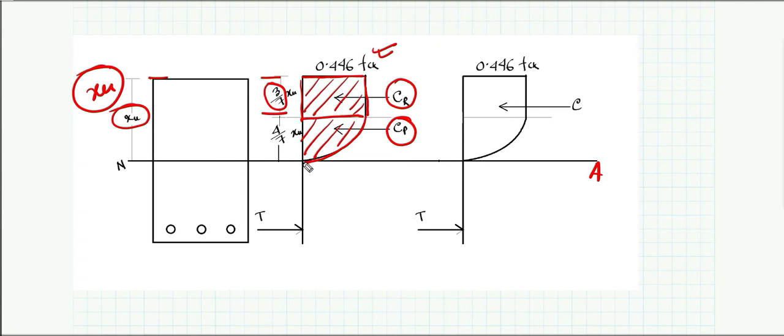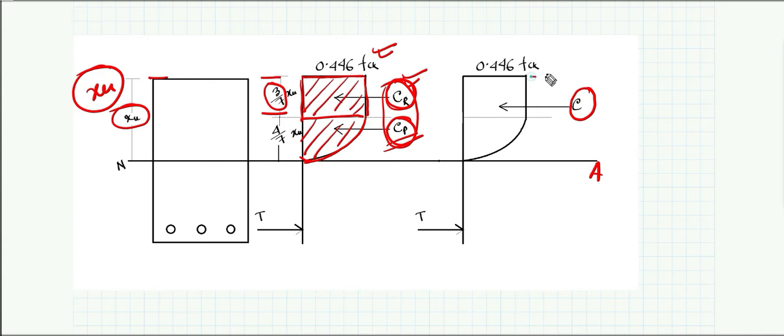As this is a complex area, we'll divide it into rectangular and parabolic portions. The area of the rectangular portion is CR and the area of the parabolic portion is CP, and adding these two, you will get the total compressive force at the particular section.